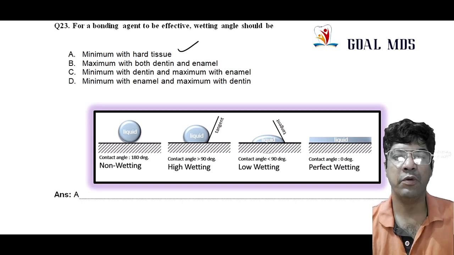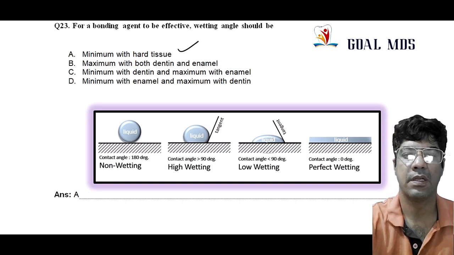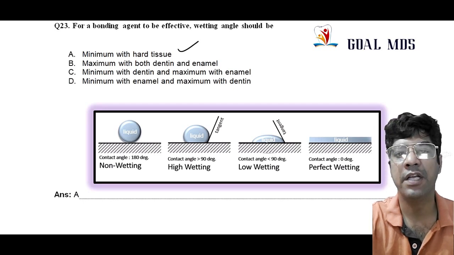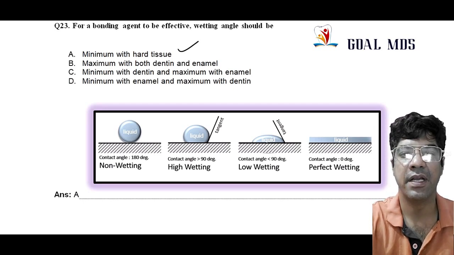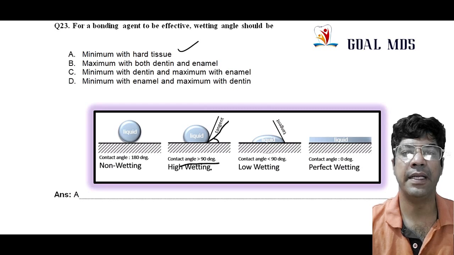That includes both the enamel and dentine. Wetting angle describes how well a liquid spreads on a solid surface. If the wetting angle is smaller, less than 90 degrees, it indicates better wetting.